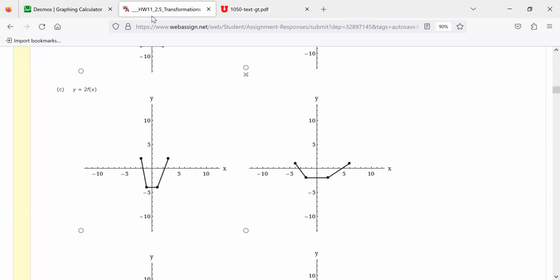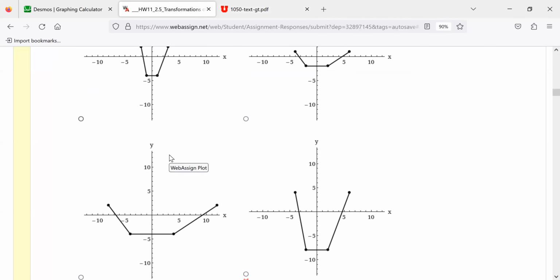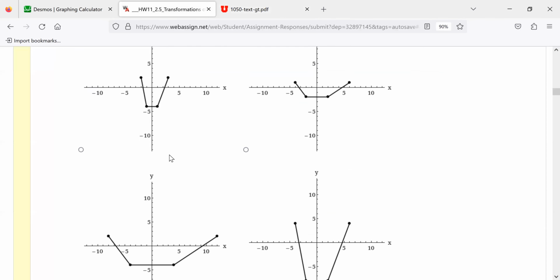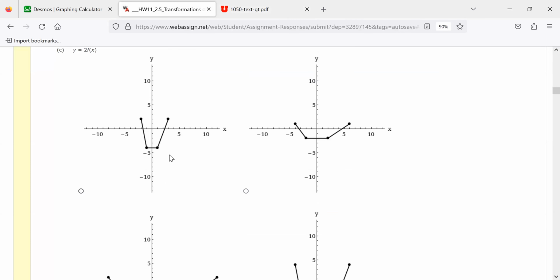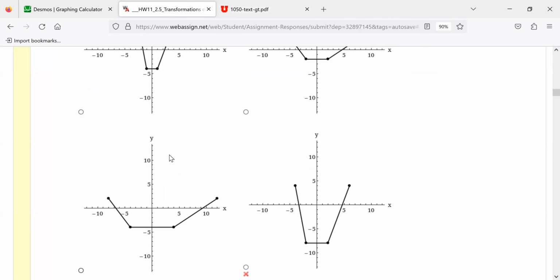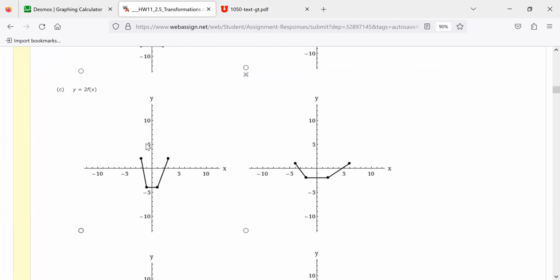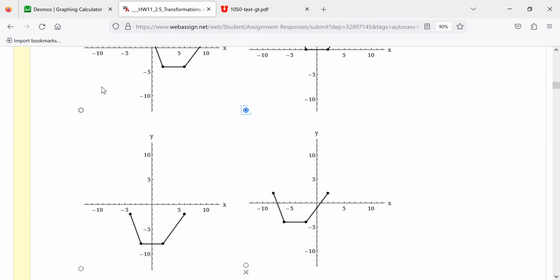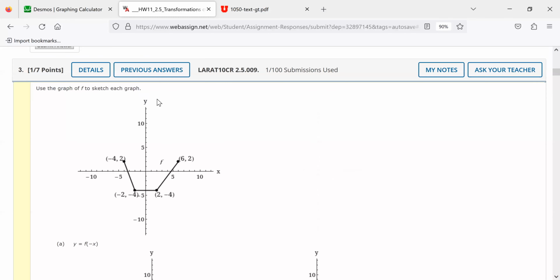Vertical stretch. So which one looks like it was stretched upward? Yeah, 2f of x would double all your y values. So all the outputs that come out would be times 2. So the original graph, all the y's would be times 2.